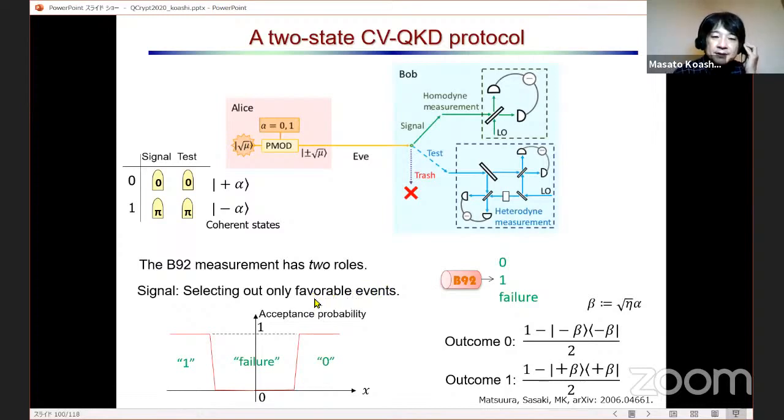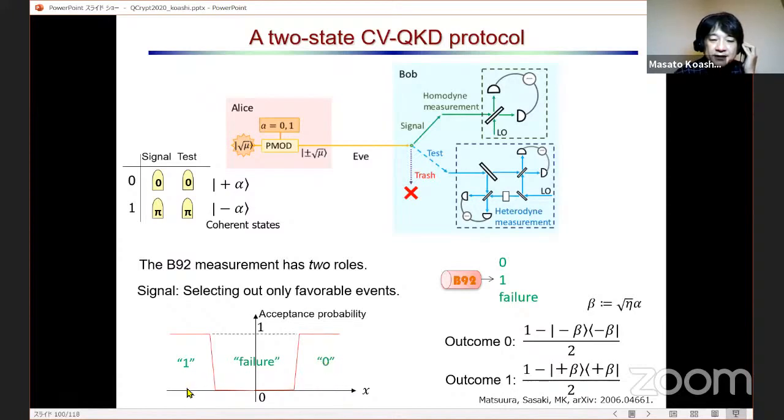But the homodyne measurement here can imitate this kind of function up to a certain limit. For example, this is the outcome of the homodyne measurement. The plus state would be around here, and the minus state is around here. If you see this outcome, then you will be pretty much sure the state is plus.